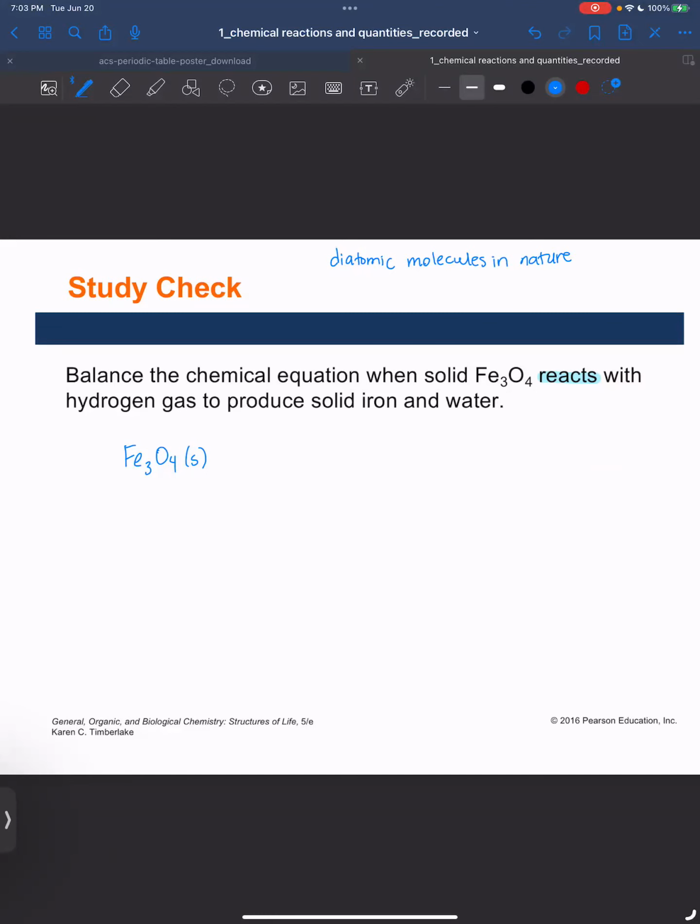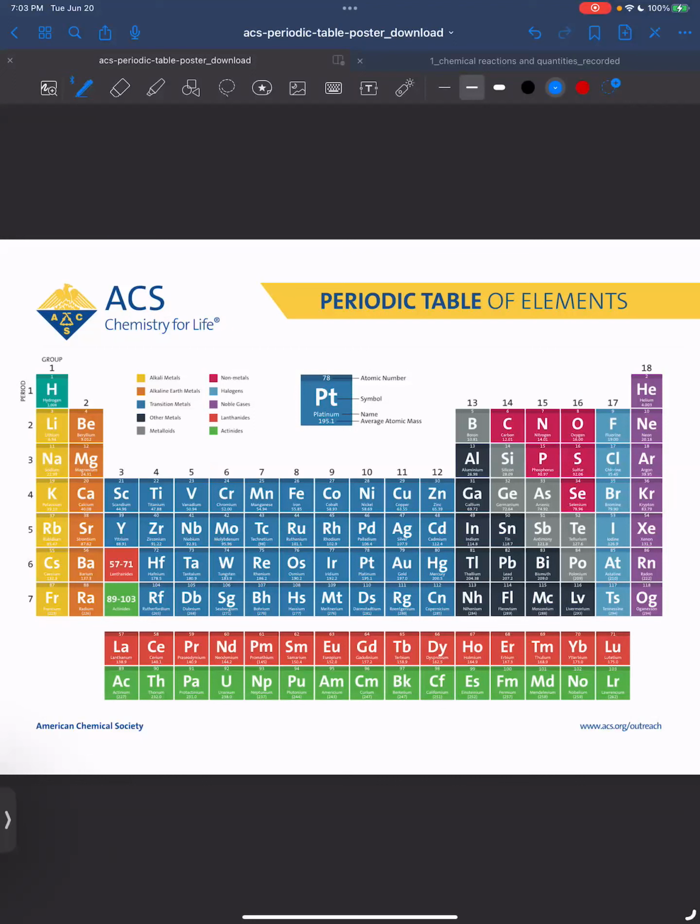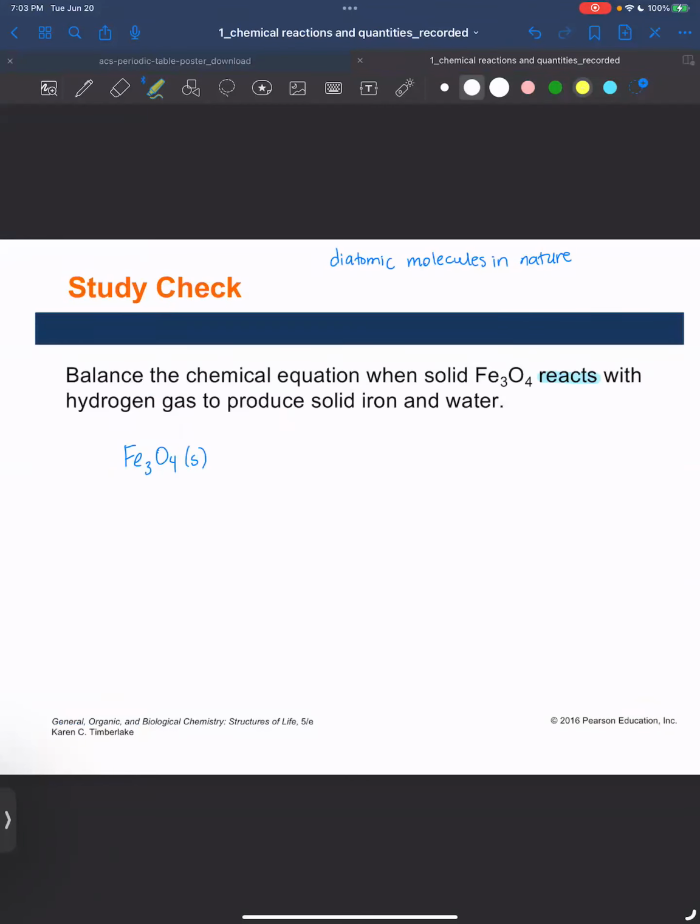And so if we look at the periodic table, the diatomic molecules are hydrogen, nitrogen, oxygen, fluorine, chlorine, bromine, and iodine. And so when you hear hydrogen gas, it is not just monoatomic hydrogen, but rather it's diatomic because that's how it exists in nature.